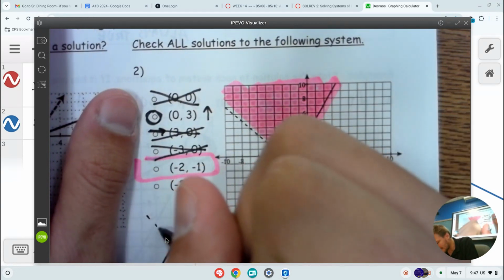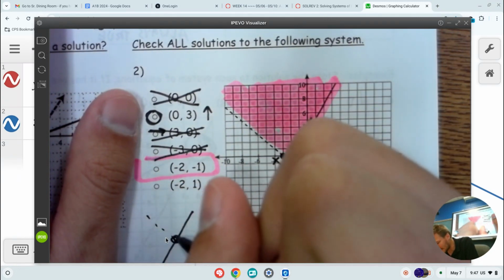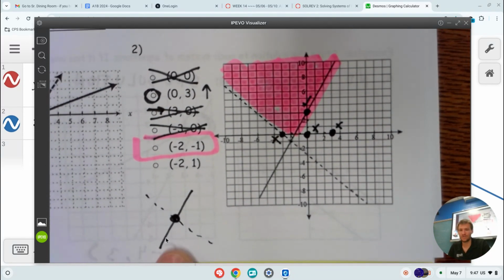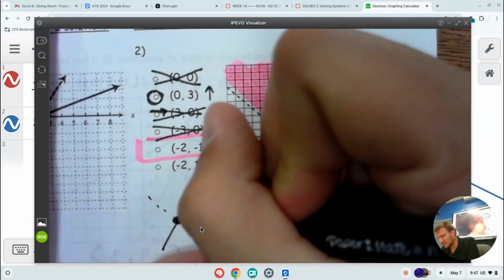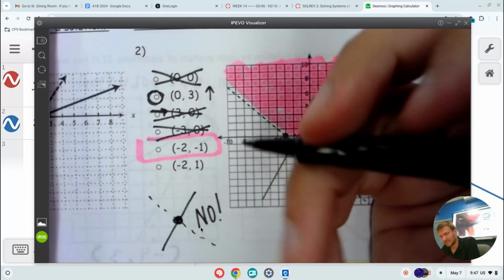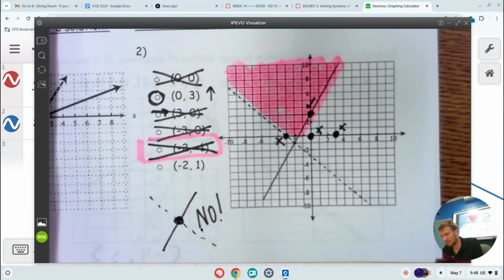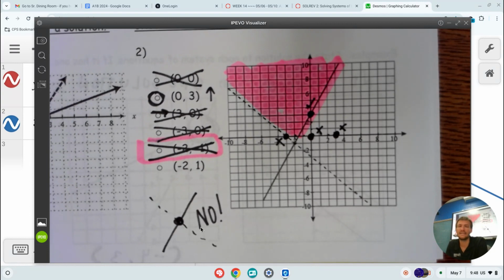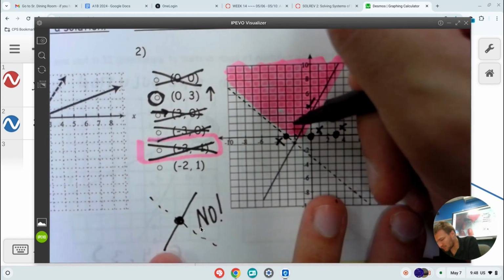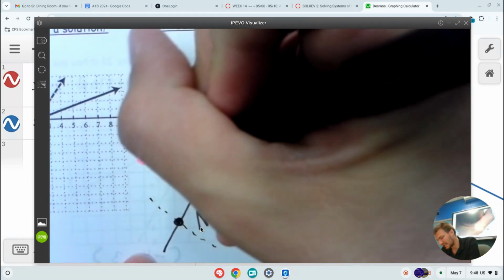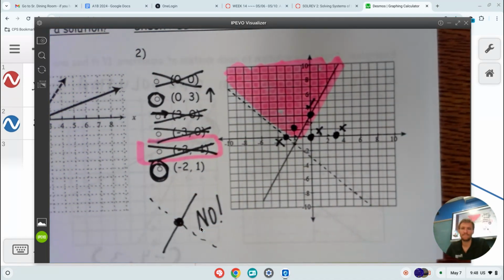Solid line, dash line, and the point is right here. Solid line is good, dash line is bad. Does this count as a solution or not? No, because it's close on the dash. Correct. No, because dash line bad. Always, if you are on a dash line, you are bad. The last one, (-2, 1), is up here, and that is clearly in the nice section, and so that is going to be a solution.